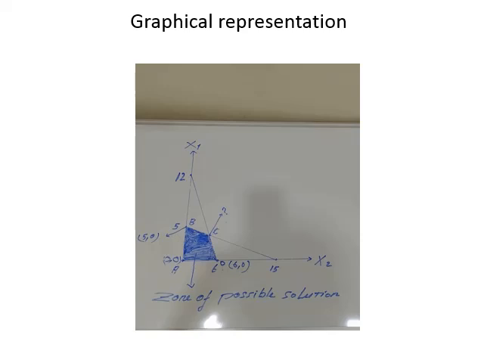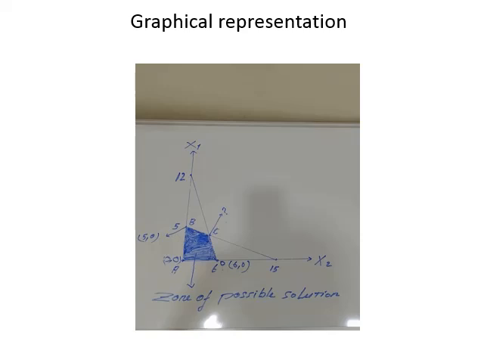Otherwise, in case of minimization, we will choose the point C, the point which represents the 12 coordinate, and the point which represents the 15 coordinates. Okay.